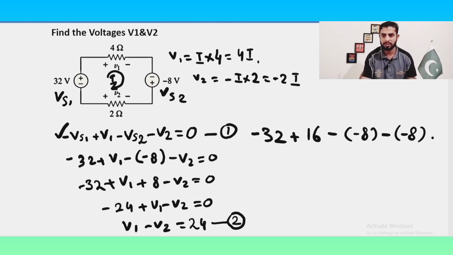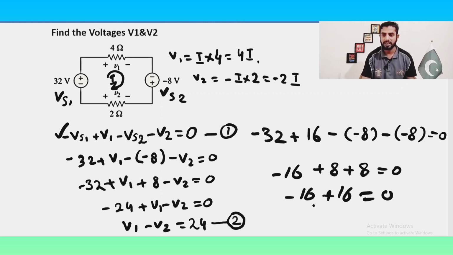Solving this equation: minus 32 plus 16 plus 8 plus 8 is equal to 0. Minus 16 plus 16 is equal to 0. 0 is equal to 0.